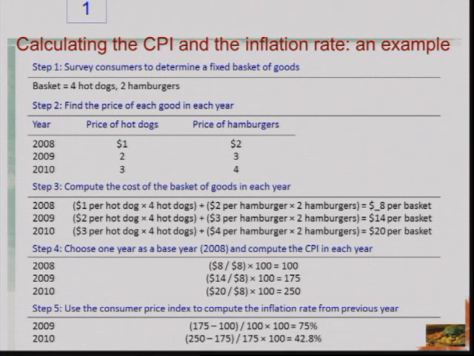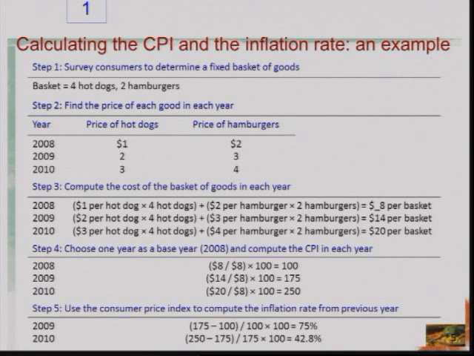Is the CPI for the base year always going to be 100? There's 100 here. So if you look at the formula again, it's this year's CPI divided by the base year's CPI. Is it always going to be 100? Yes, it's always going to be divided by itself.